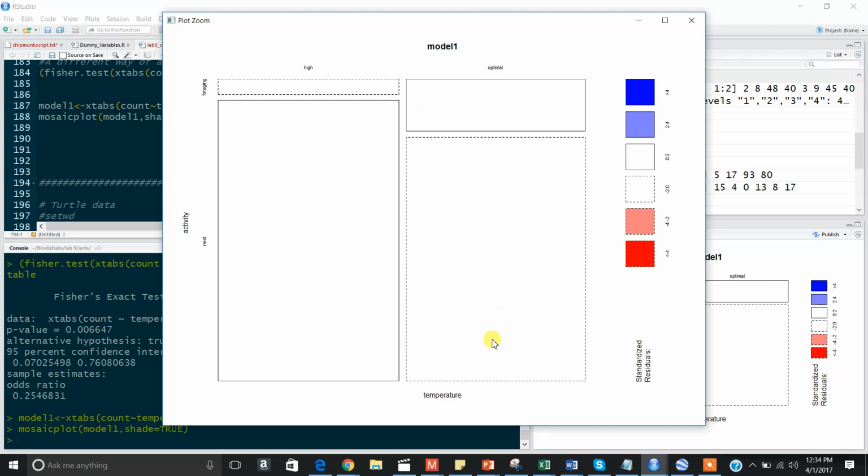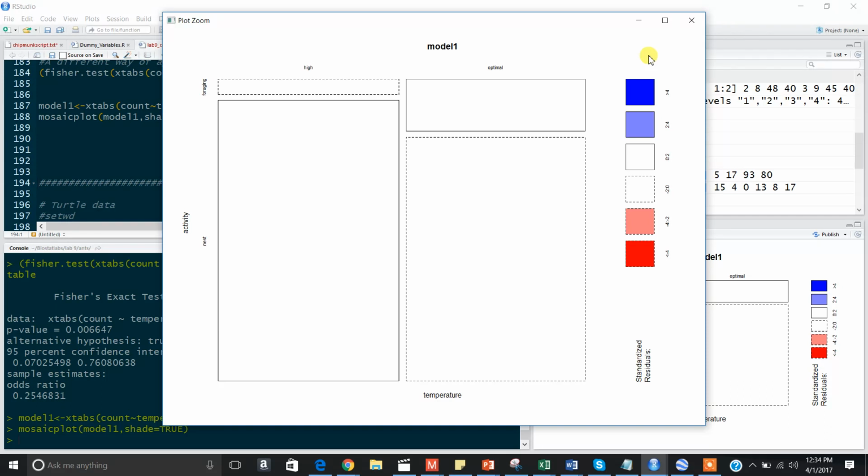This column represents optimal temperature, and this represents high temperature. And then these 2 boxes at the top represent the values for foraging activity, and then these represent nesting activity. So again, you interpret it using this color gradient here.